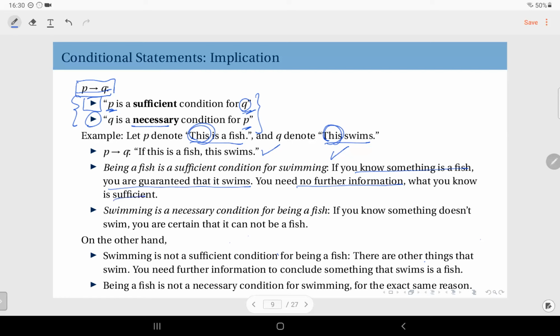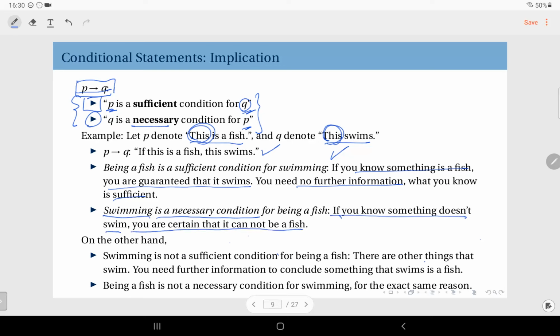On the other hand, when you look at it the other way, swimming, the consequent, is a necessary condition for being a fish, right? You have to look at this necessary condition the other way. If you know something doesn't swim, if that is not satisfied, then you are certain it cannot be a fish.